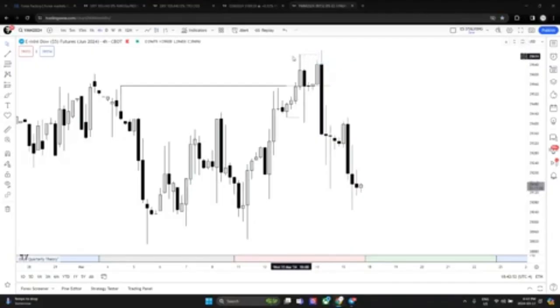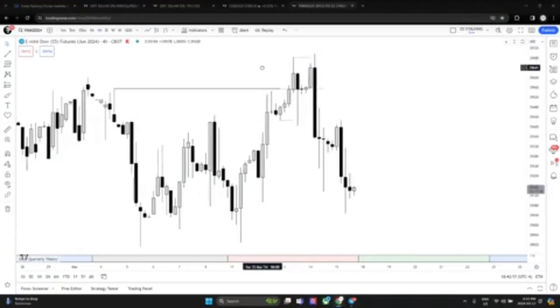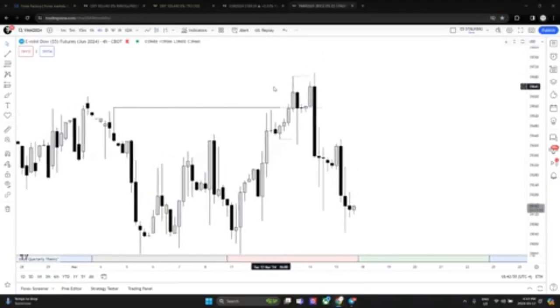Shoot. Just shoot. If you're scared of shorting above this high, you can do this. And so you can just do this.